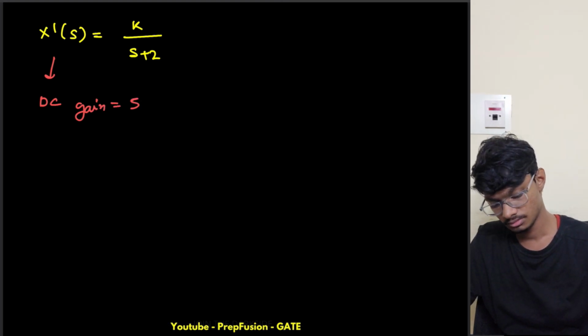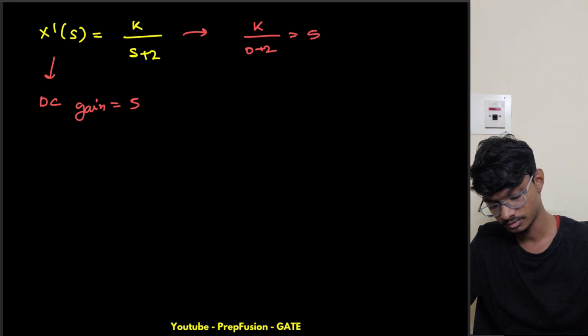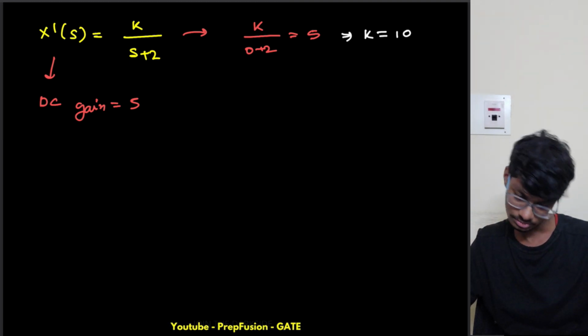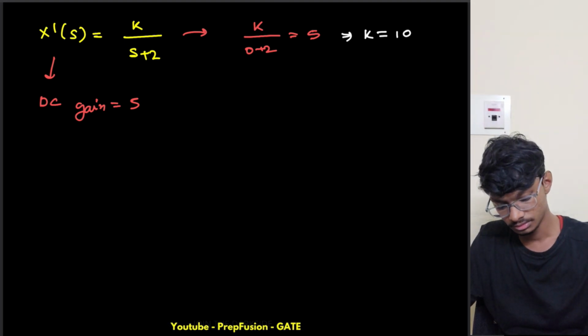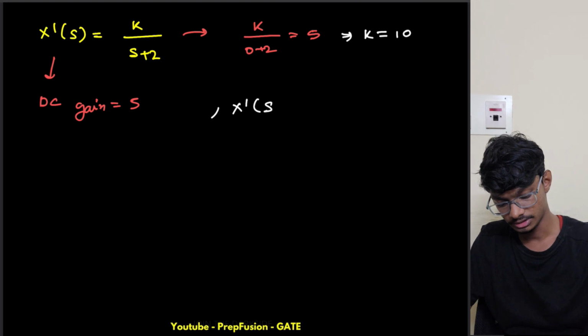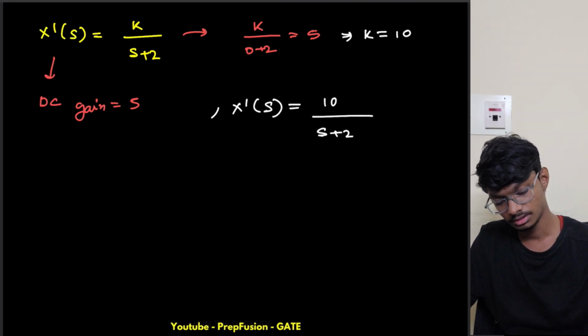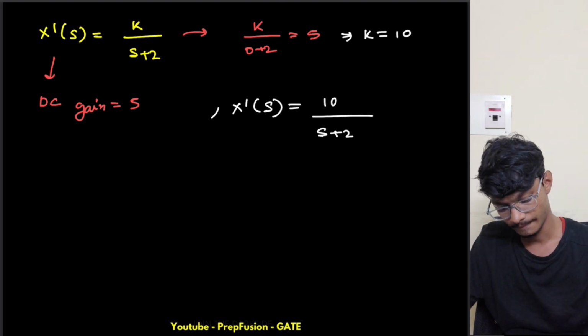So k over 0 plus 2 should equal 5. So k should be equal to 10, okay. k should be equal to 10 only. So x dash of s equals 10 divided by s plus 2. Now this is the correct dominant pole approximation, okay.